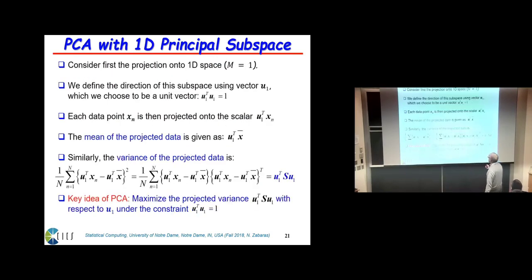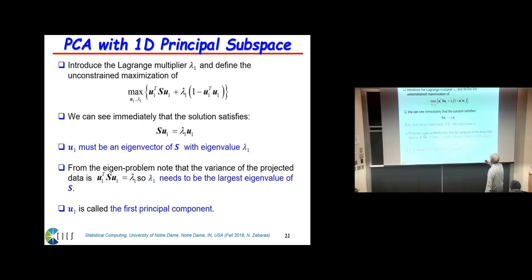Again, the variance of the projected points is u1 transpose S u1. So obviously, u1 transpose S u1 is equal to lambda 1. If you want to maximize this, it means you need to have the largest eigenvalue. So when I say this is the principal subspace, in this case u1 is the eigenvector that corresponds to the largest eigenvalue, and lambda 1 is the largest eigenvalue.